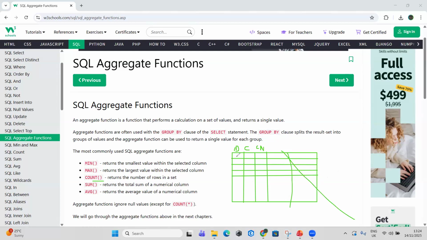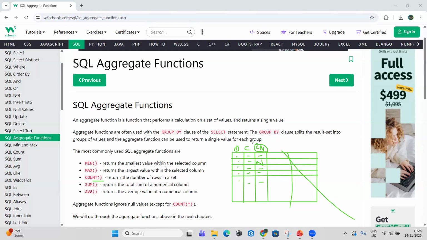I have a value here, here, and here in every row. In customer name, I have a value here, but I have null over here, and I have a value over here. Now, when I ask count customer name, what do you think will happen?